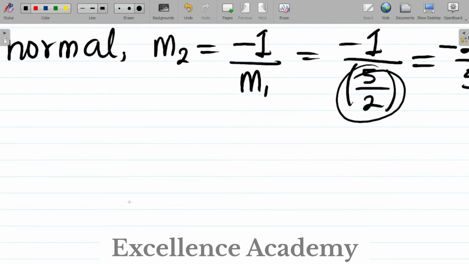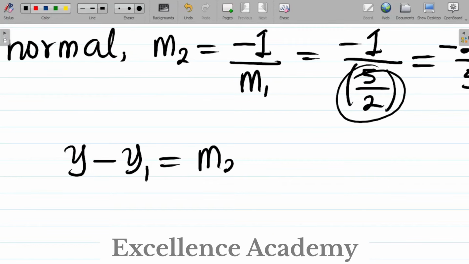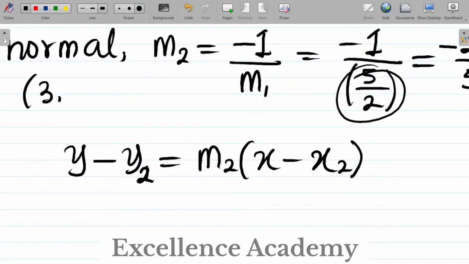That means you repeat the same process: y minus y1 is equal to m2 into x minus x1. For the normal, we can say y minus y2 is equal to m2 into x minus x2. I'm still taking the same point, 3 and minus 5, where y is minus 5 and x is 3.